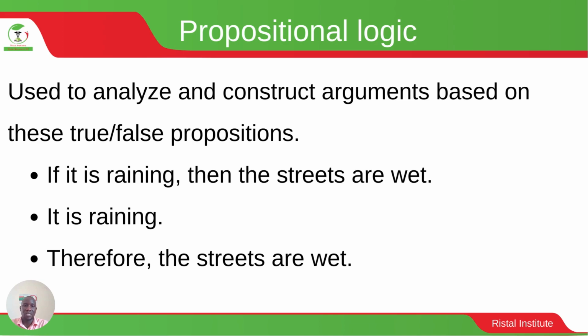For example, if you say it is raining, and then the streets will be wet, then most definitely the streets will be wet. Regardless of what we replace that statement with, we can conclude on the nature of the argument based on its form, and we can therefore make proper conclusions based on that.